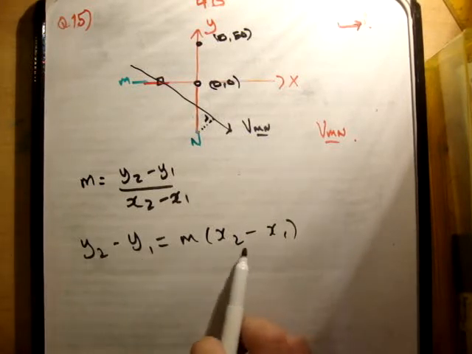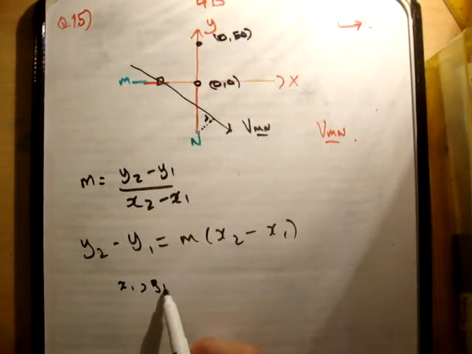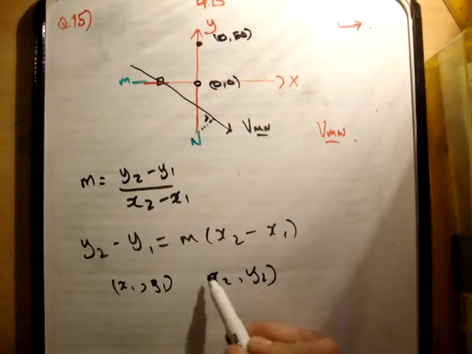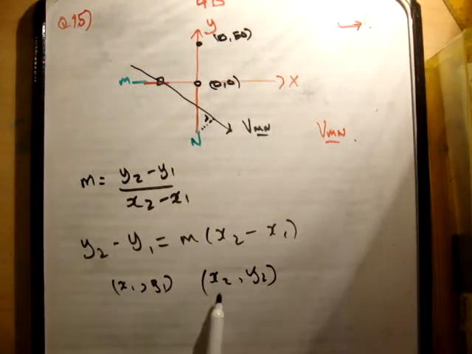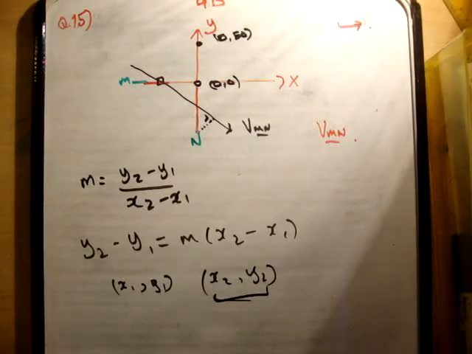These are just points: you get two points, the first point x1, y1, and another point x2, y2. In the general equation you always leave this exactly as it is, but you actually plug in an actual point into x1, y1.